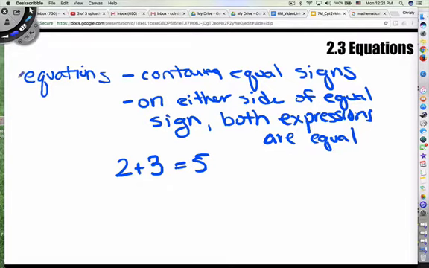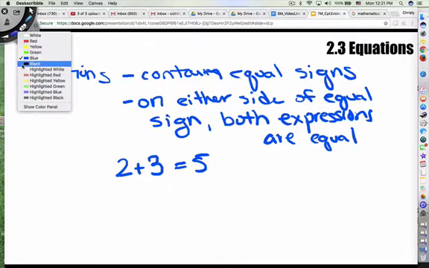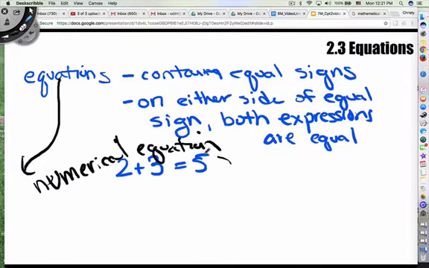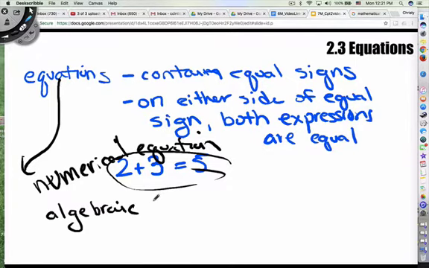There can be both algebraic and numerical. So this is an example of a numerical equation, when it's all numbers, okay? And then there's the algebraic, which is why we're here today, algebraic equations.